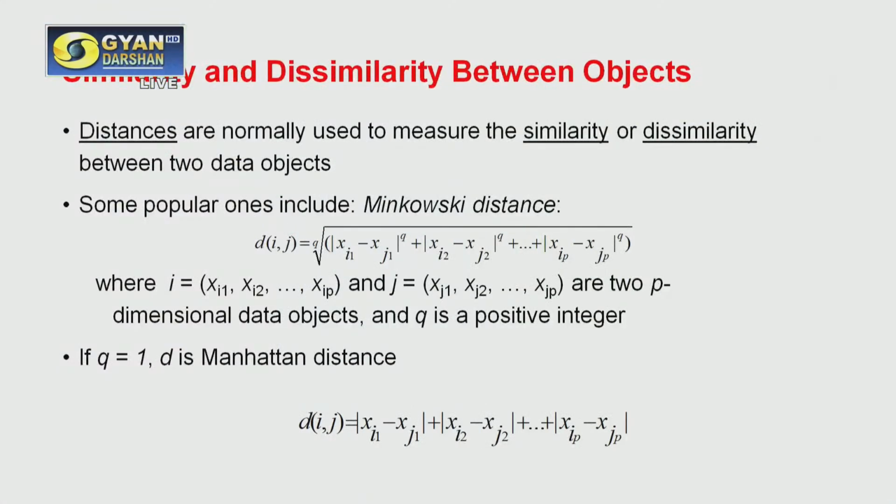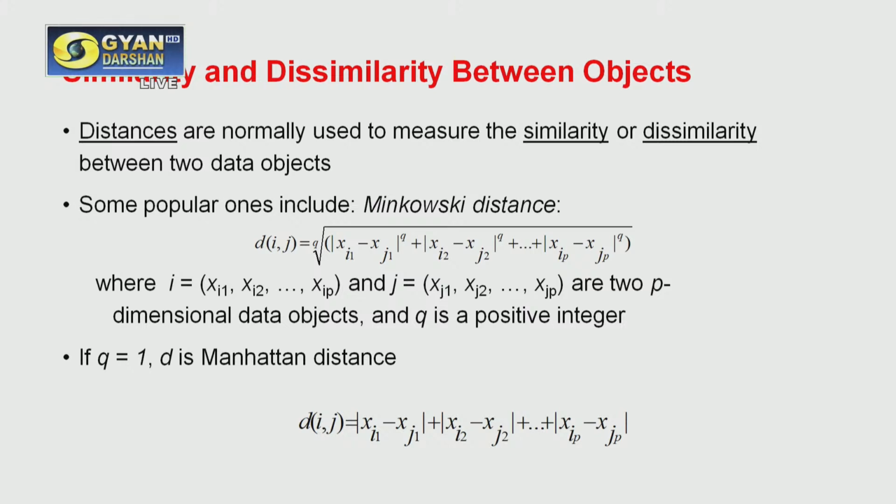Now I was talking about the similarity and dissimilarity between the objects here, and the measure I have mentioned is distances. That means distances are used to measure the similarity or dissimilarity between two objects.